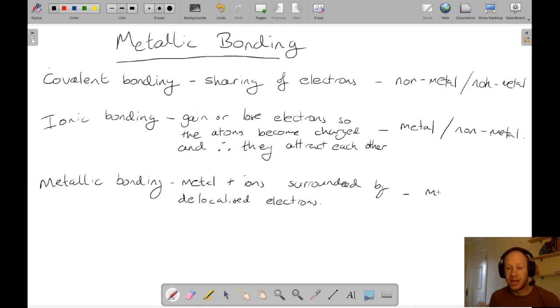And for this one, it has to be only metals. There must be no non-metals in metallic bonding. This one's the easiest one to remember because obviously metallic bonding means metals. You're going to be using metals. So please remember that because it's incredibly important.